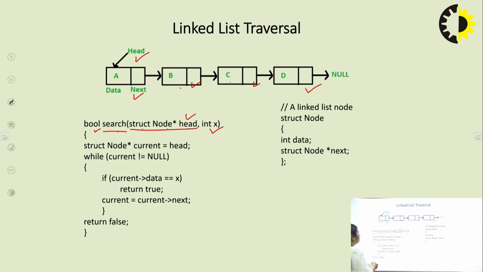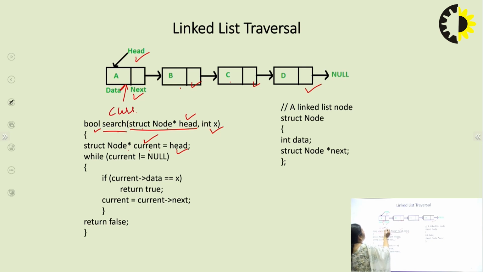Okay. So now we will traverse through the complete linked list. For this we are taking a pointer that will tell us what our current node is. Temporarily here we have taken a pointer current, which has the address of the first node, that is head. So currently I am here.